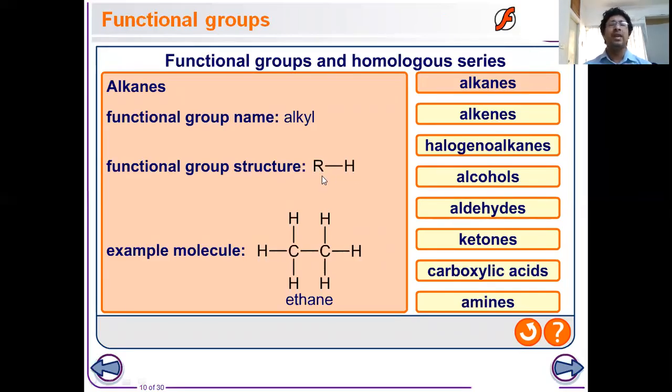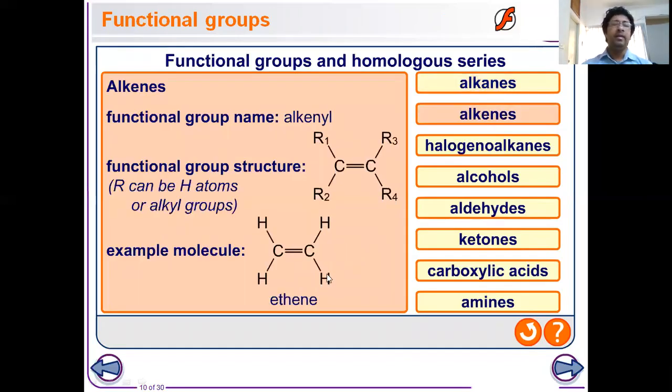So RH can be the functional group structure of alkanes. Then alkenes contain a carbon-carbon double bond. Here you can see that in the formula R1, R2, R3, R4 are used. R actually shows the alkyl group. It can be hydrogen or any alkyl group.